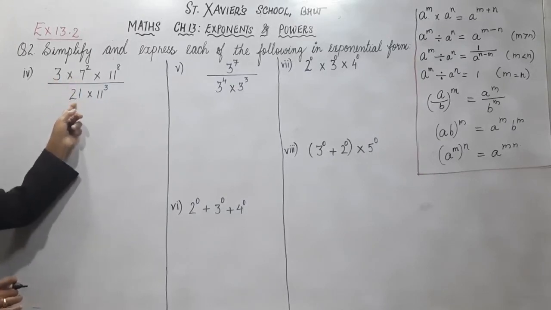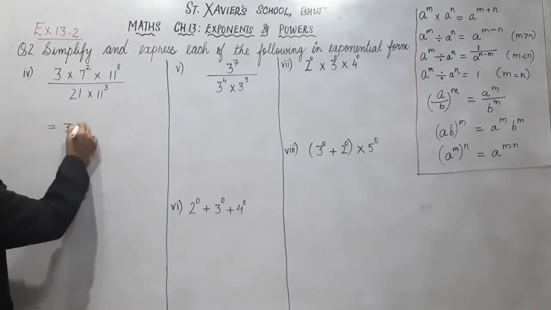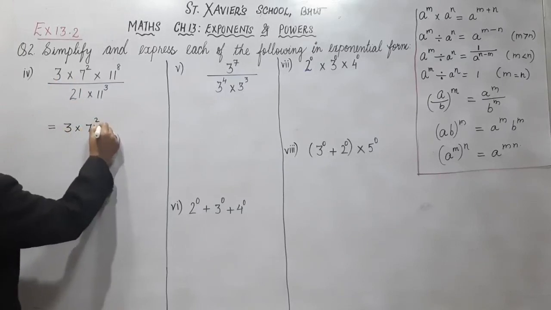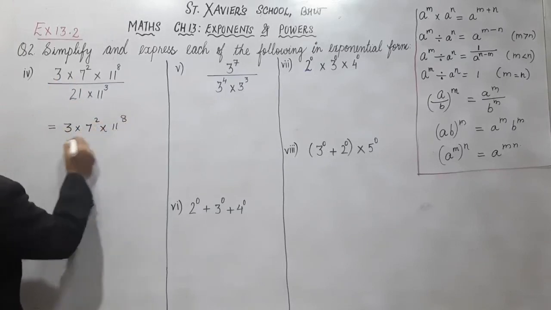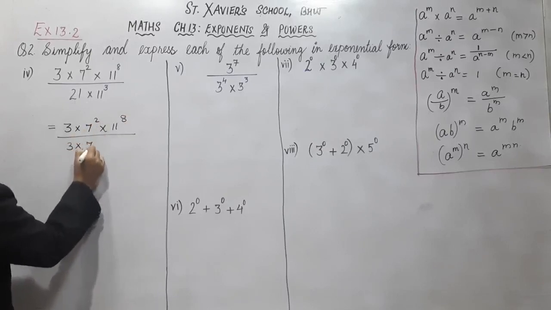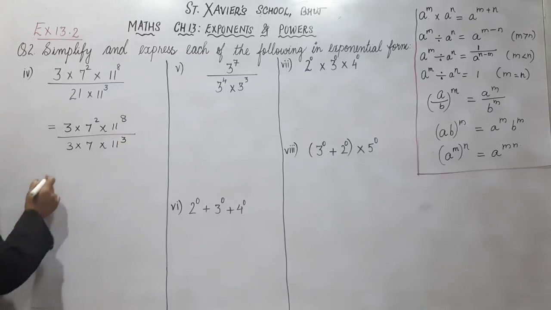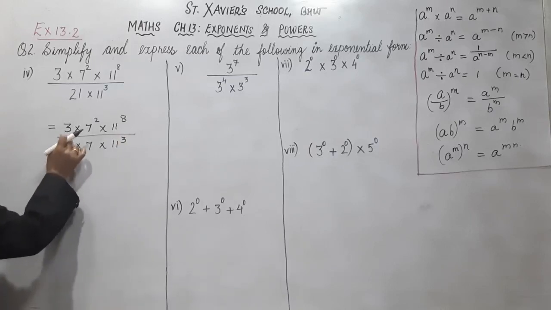So we can factorize it as 3 and 7. Okay. 3 into 7 square into 11 raised to 8 upon, now 21 we are factorizing, 3 into 7 into 11 raised to 3. So 3 raised to 3. Here the power is 1.